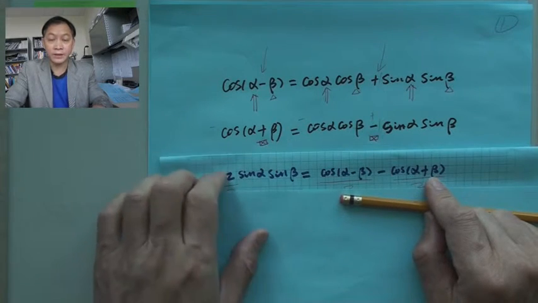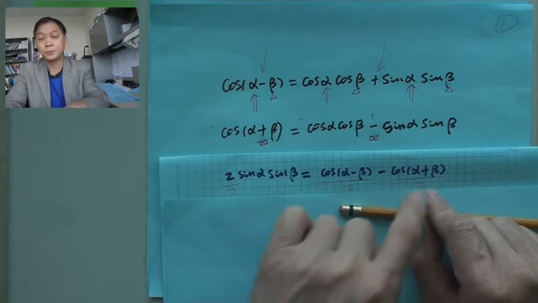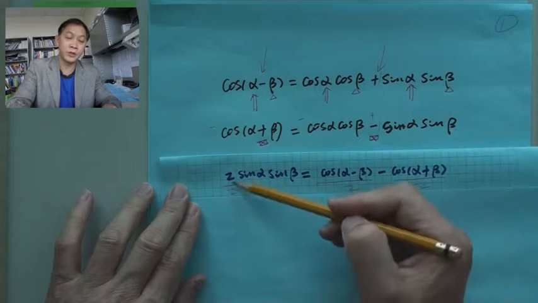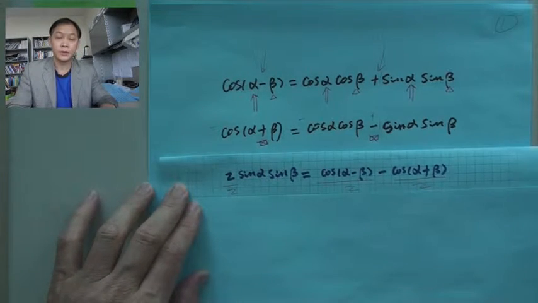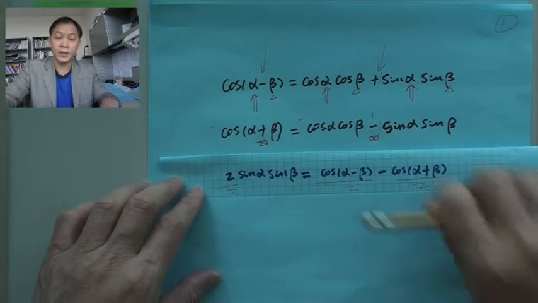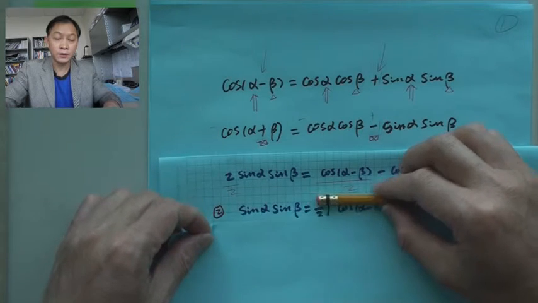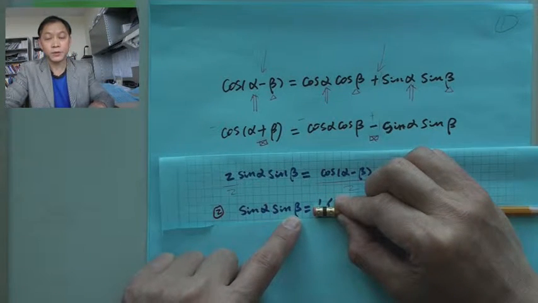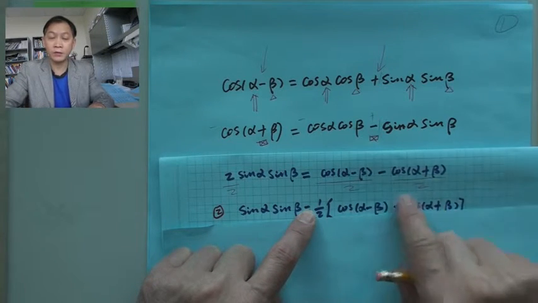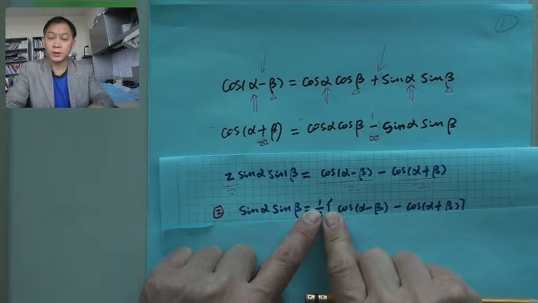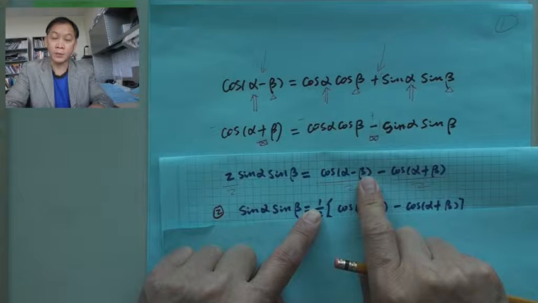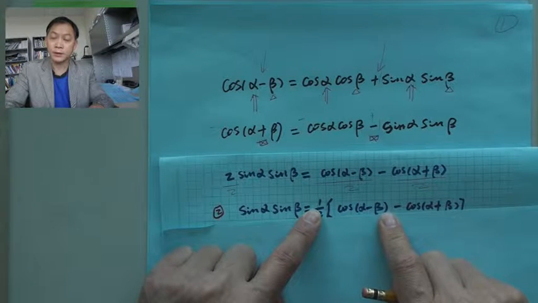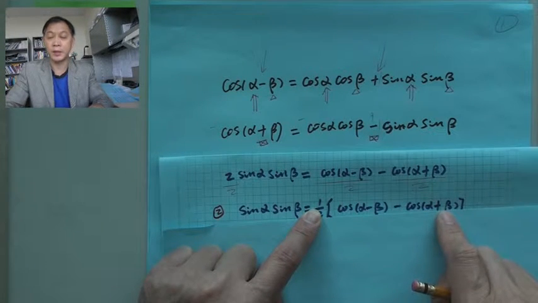Again, if both sides are divided by 2, then you cancel these 2. So the left hand side, what we have will be sine alpha sine beta. The right hand side, you have 1/2 at the front, and cosine alpha minus beta minus cosine alpha plus beta.